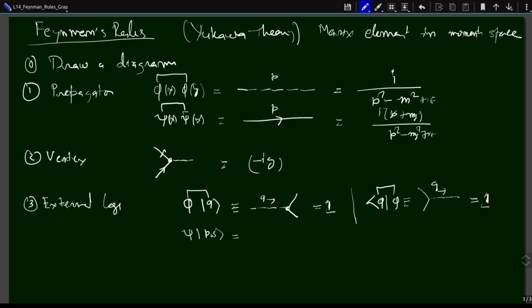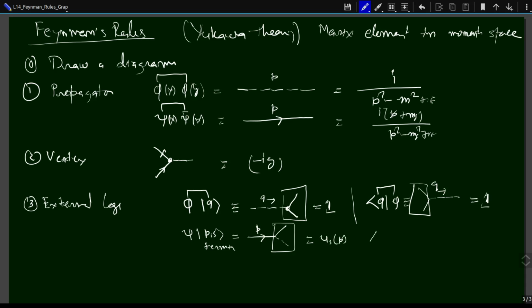This is a fermion state. I write p, s for the anti-fermion state also. So this is like a fermion line coming in, and p is in the same direction, and here is the rest of the diagram. So the initial state fermion is going to be u_s.